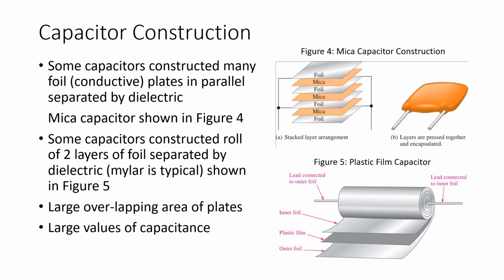Then of course this rolled up capacitor is placed inside of a housing to form our capacitor. They do this because taking these long lengths of foil and rolling them up, we get very large areas of overlapping plates, so we can obtain very large values of capacitance.